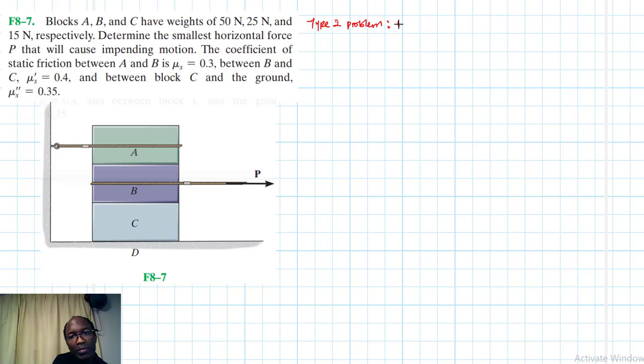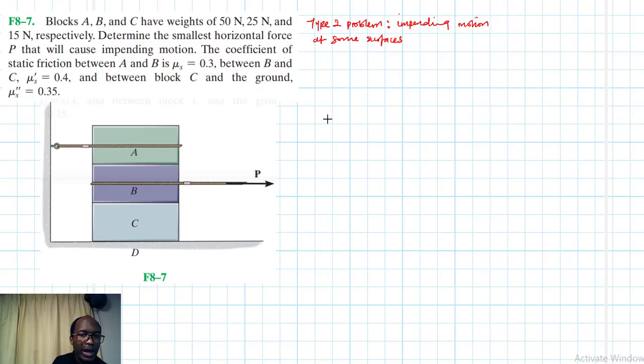So we have impending motion at some points, at some surfaces. What surfaces are those? Where do we expect impending motion?